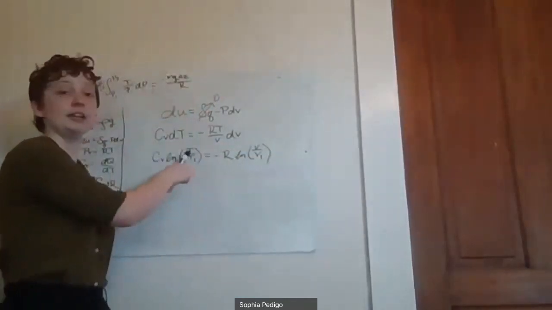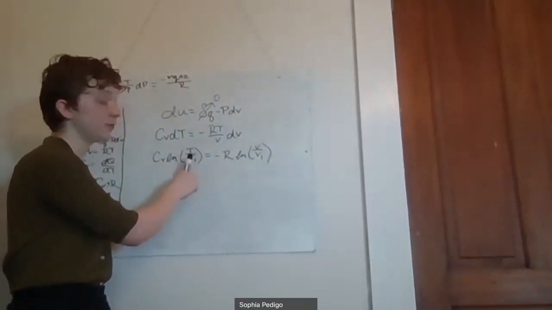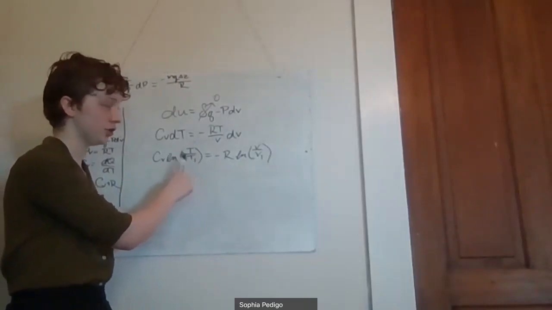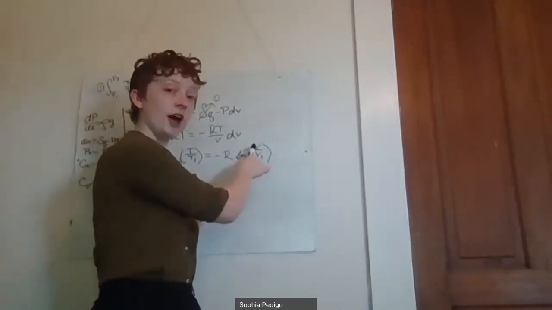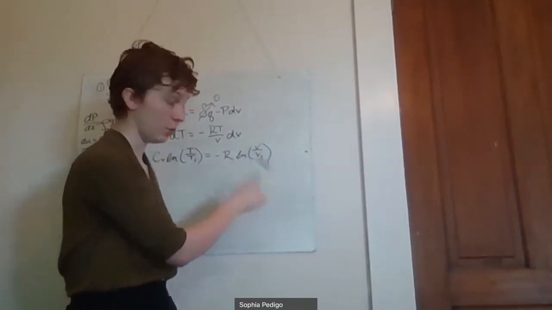And this is just some final temperature T divided by some initial temperature T1. And this is some final volume V divided by some initial volume V1.